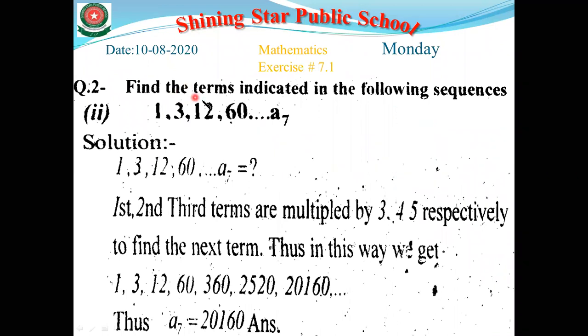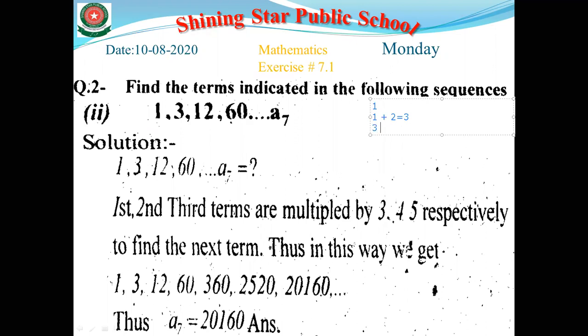Now find the terms indicated in the following sequence. It means now we have to find the 7th term. Again, the first term is 1. Now 1 plus 2 equals 3, so the second term is 3.